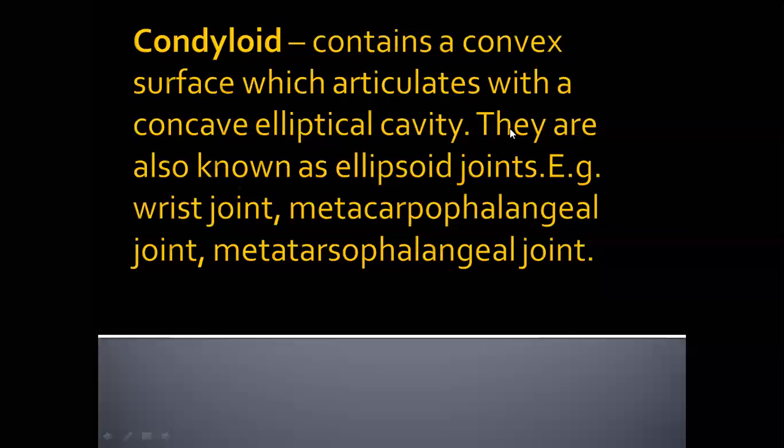So they joined in one another. They are also known as ellipsoid joint, example wrist joint, metacarpophalangeal joints. Metacarpo means metacarpals. Metacarpals are the bones of hand. So hand bones joined with the finger joint with the help of condyloid joint.